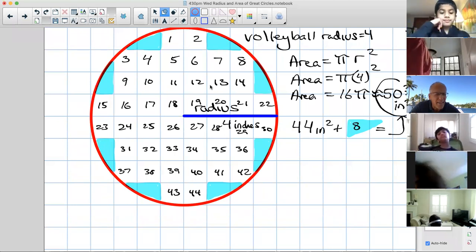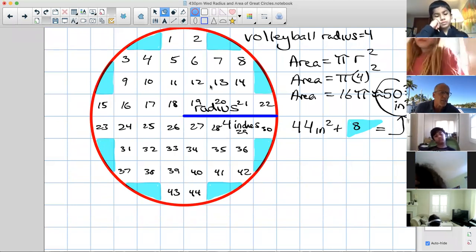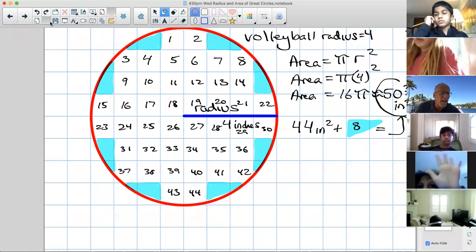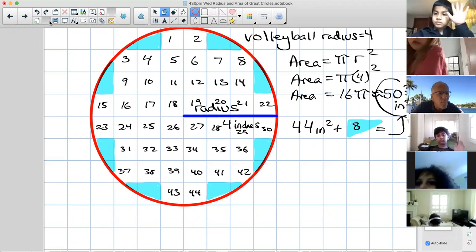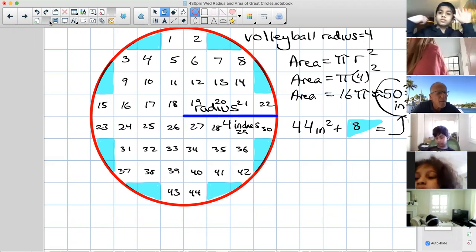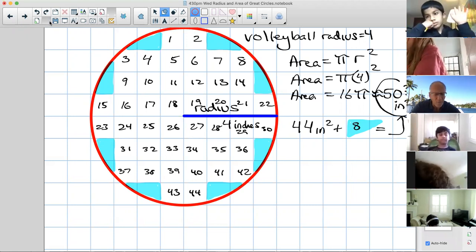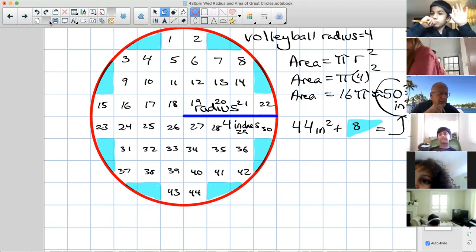Why do you think I didn't count the blue ones? Who can tell me why I didn't count the blue ones? Penny? Because they're not full squares. Right. But why, for instance, did I count the ones that have the number 3 in it, the number 8, the number 42, the number 37?